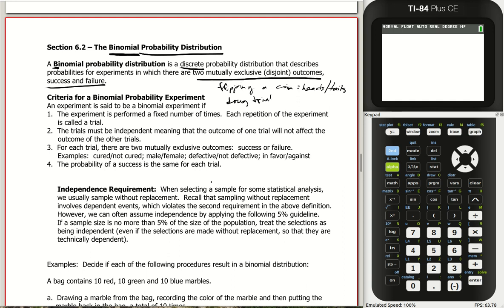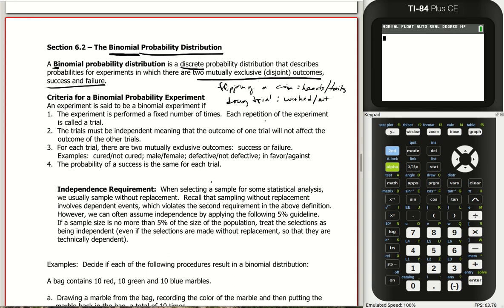If you're testing a drug to see if it's going to cure some sort of symptom, you have people that have that symptom, you give them the drug and see, did it work or did it not work? Those would be the two mutually exclusive outcomes. Either the drug worked or it did not work.